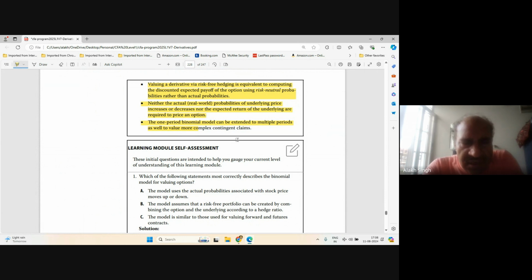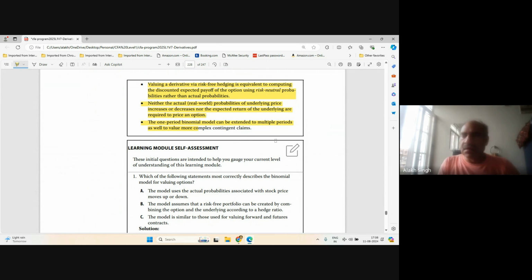Now, valuing the derivative, of course, requires discounting the expected payoff. You will understand when we do it with numbers. You know discounting very well by now: everything which we are valuing, the future value calculated today, is discounted.